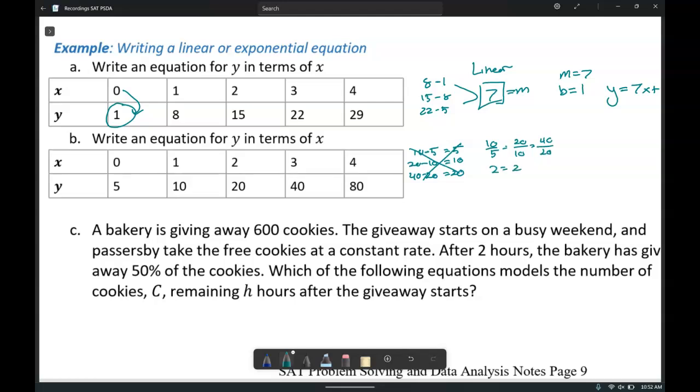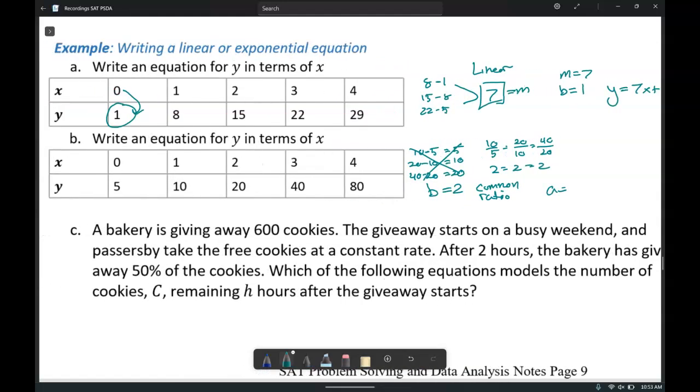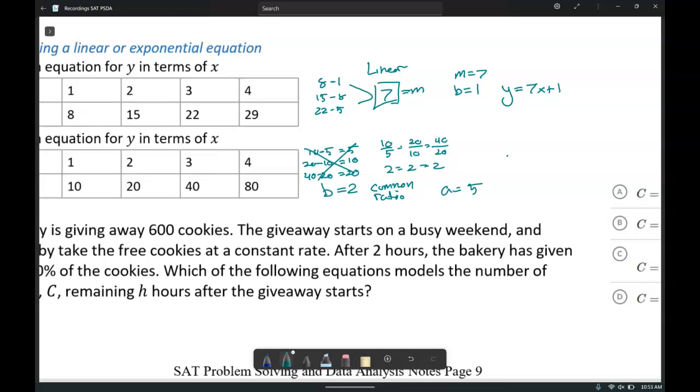Well, each of these simplifies down to 2. So my common ratio, which is b, equals 2. Then we look at our starting value, which is a. Our starting value when x equals 0 is 5, so a is 5. y equals 5 times 2 to the x power.